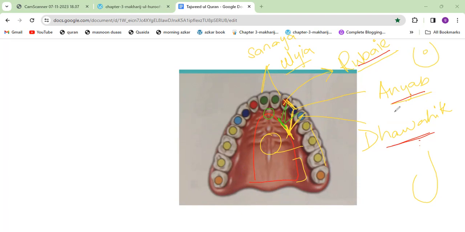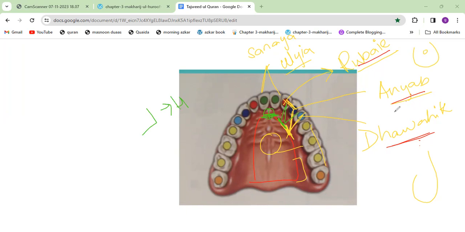Lam, noon, and then use the tip of your tongue and fold it backwards, just behind your front two teeth. Fold it over here and then pronounce the letter raw. If you fold your tongue backward behind your front two teeth, the raw is going to be pronounced with a heavier sound.